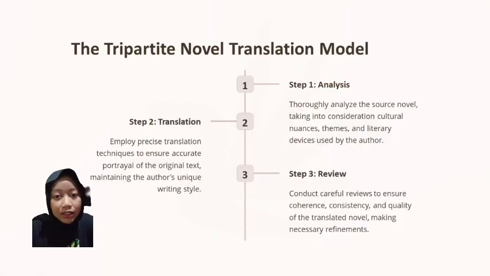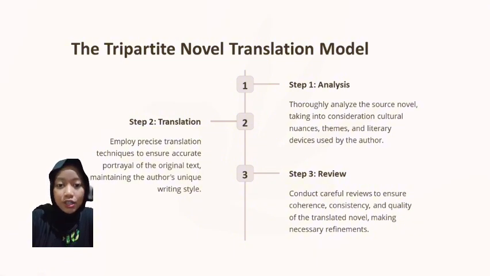So the novel translation model has three steps. The first step in this model is analyzing. In this step, it is recommended to thoroughly analyze the original novel to be translated.